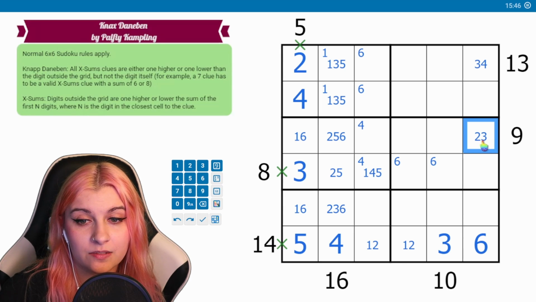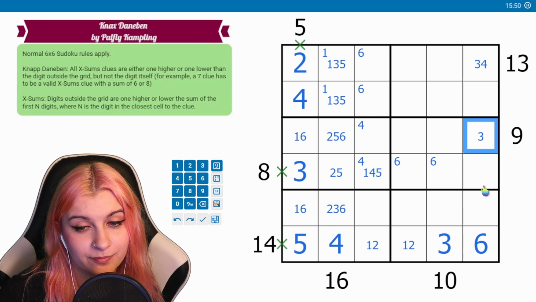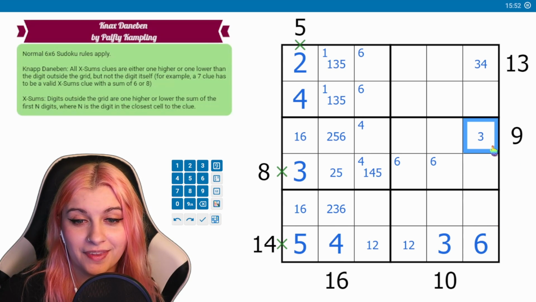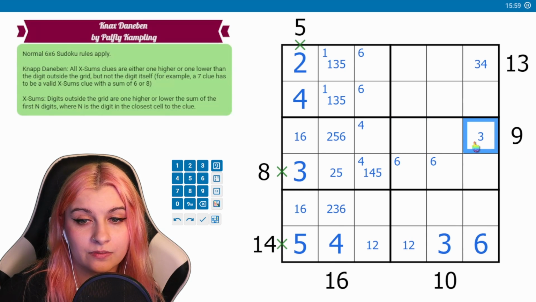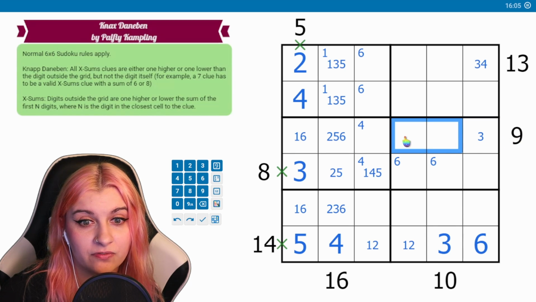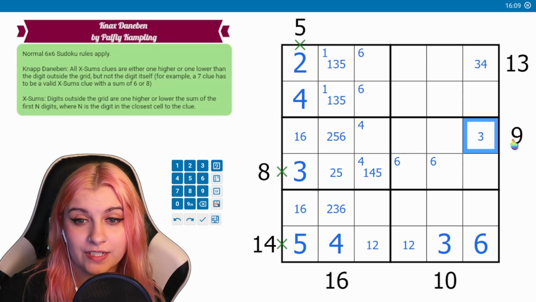I actually can't because this needs to be 6. I was just predicting the future. I knew a 2 couldn't go there. A 3 is possible because this could sum to 6. That's reasonable. A 4 is not possible for an 8. I could do a 3 because this could be 5. That would be fine. I can't do a 4 for 8, but I could do a 4 for 10.